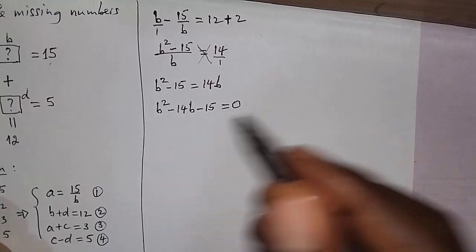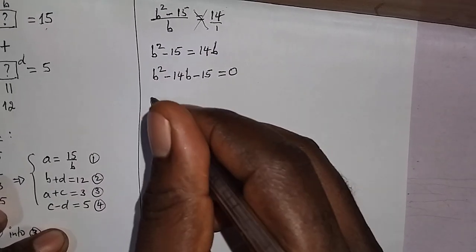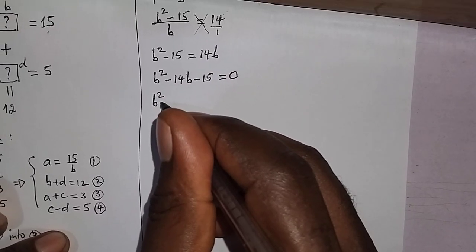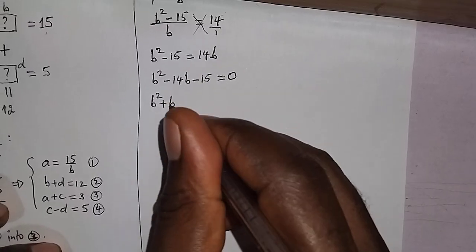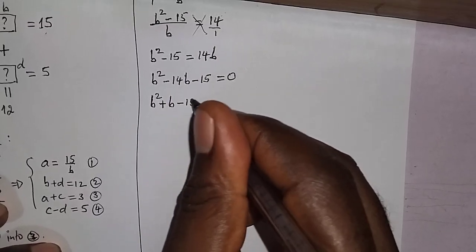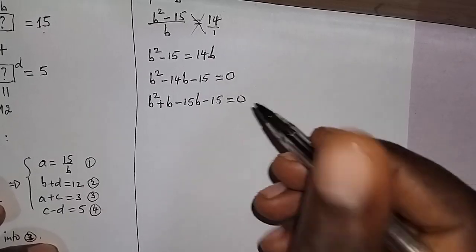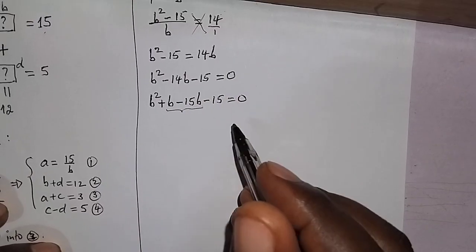So we have a quadratic equation. Here we can say B square plus B minus 15B minus 15 is equal to 0. This is the same as minus 14B.